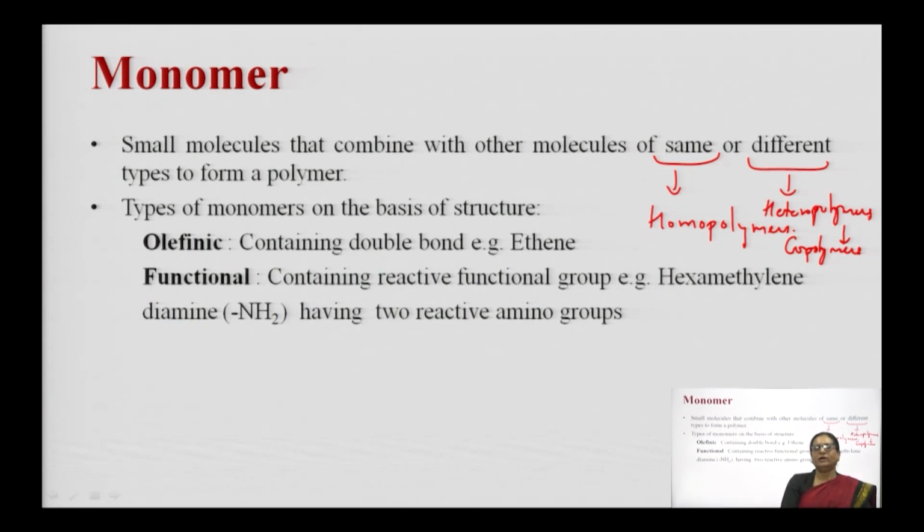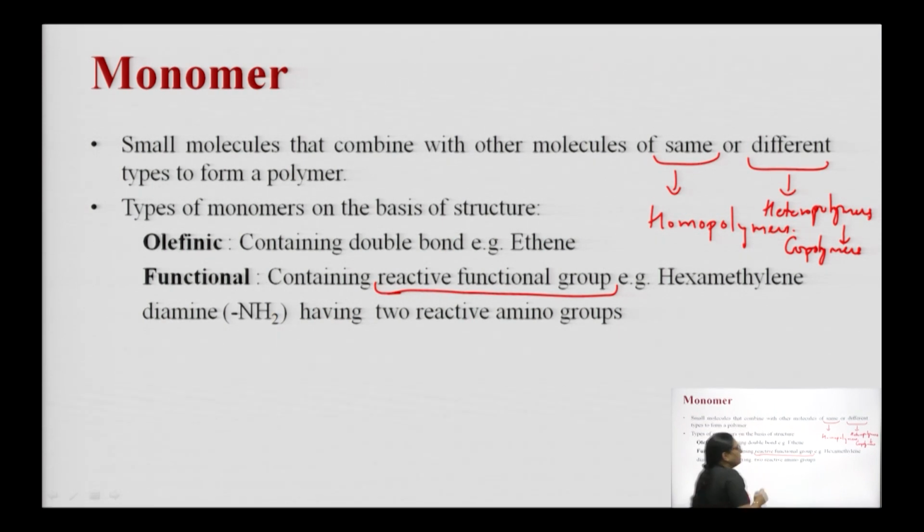Whereas functional monomers are those which have reactive functional groups, such that this functional group chemically reacts with the functional group present on another monomer molecule, and then these two monomers combine together with the release of smaller molecules like water, ammonia, etc. So, these byproducts are formed when functional monomers react.